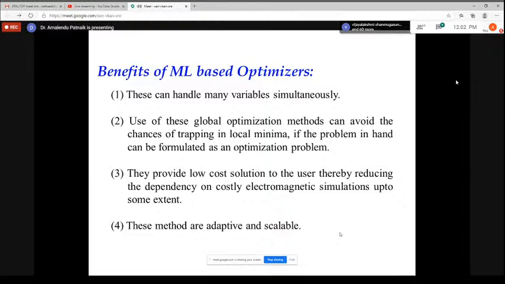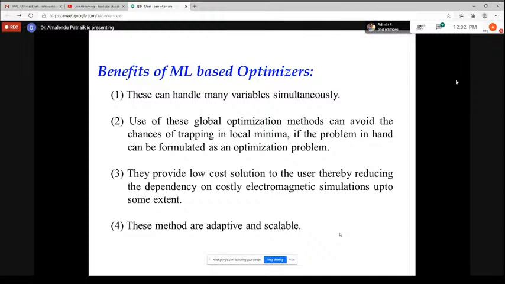But the important point in these meta-heuristics, or these optimizers, is that they provide low cost solutions. And as far as antenna engineering is concerned, this is important because almost all these microwave engineering problems are costly problems.